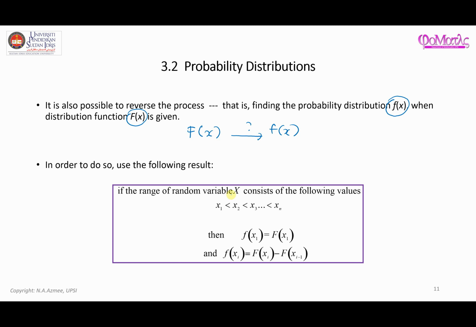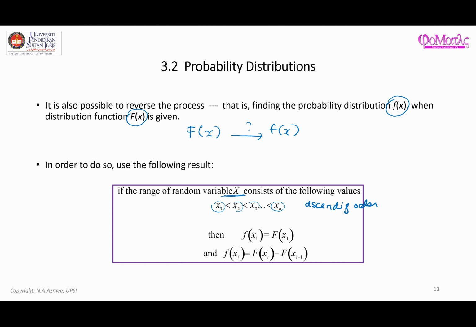Let's say we have a random variable x that consists of the following values. The value here is the smallest, the value here is the largest. So x2 is bigger than x1, but x3 is bigger than x2 and is also bigger than x1. There is a clear ascending order to the values given.